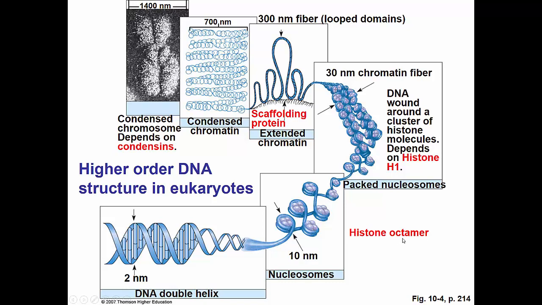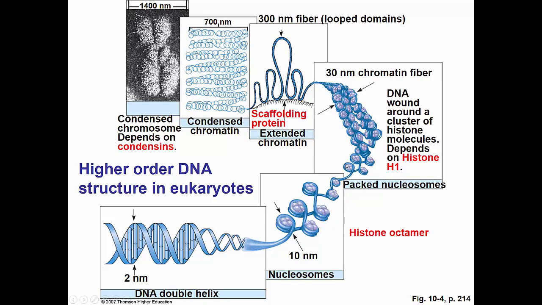So the octamer part means that there's 8 of them. So here you can only see 4, but there would be 4 on the opposite side as well. So you have 8 proteins, and 2 loops of DNA are wrapped around each one of these histone octamers. And together, that forms the nucleosome. So each one of these units is a nucleosome.